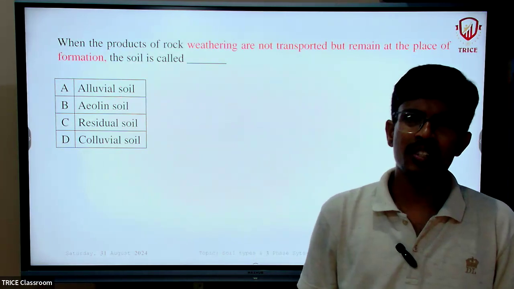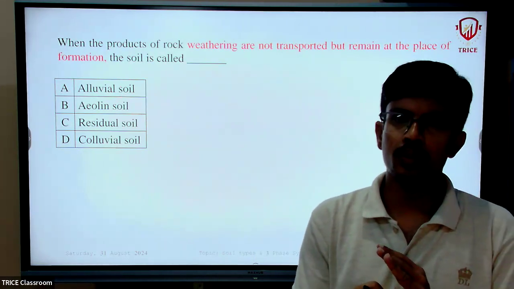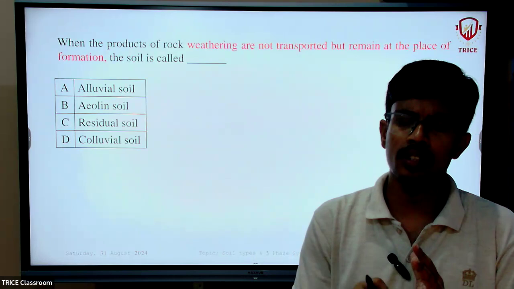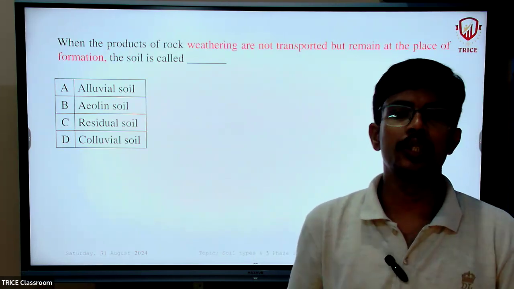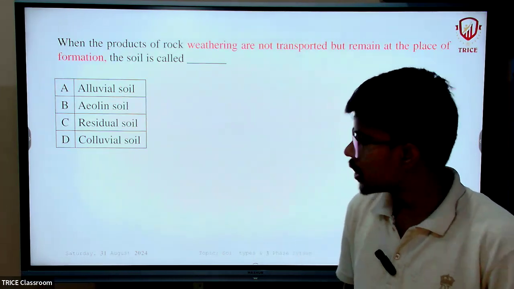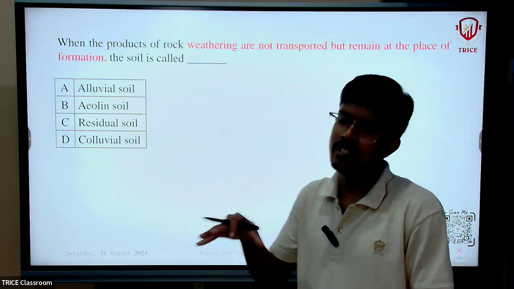Whatever the soils, gravelly soils, sandy soils, silt and clay, all of these come under residual soils. Residue is nothing but what remains in the place as it is.